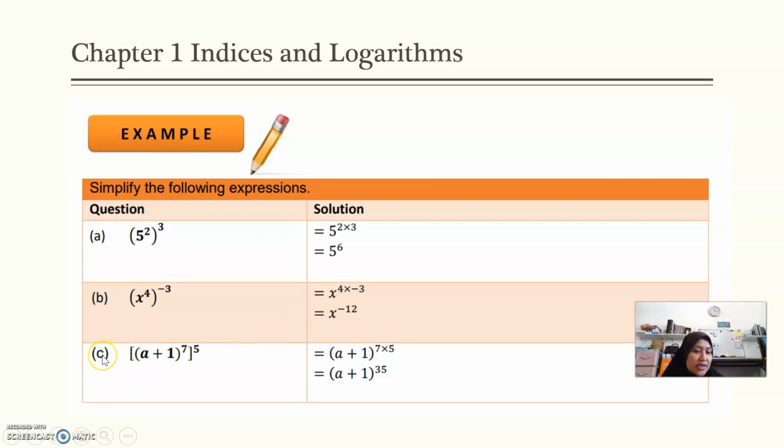Let's take a look at question number C: A plus 1 power of 7, all power of 5. So we can write our question again like this: A plus 1 power of 7 multiplied by 5. And 7 multiplied by 5 is equal to 35. So the base remains, which is A plus 1, power of 35.